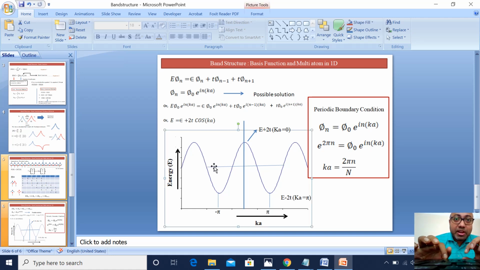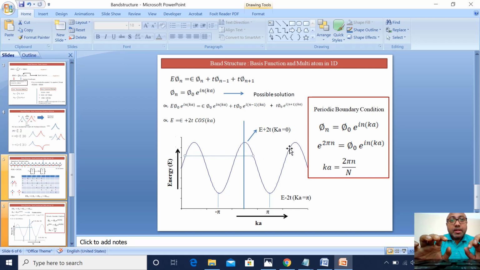For example, suppose you have taken an arbitrary position where it is coming down.